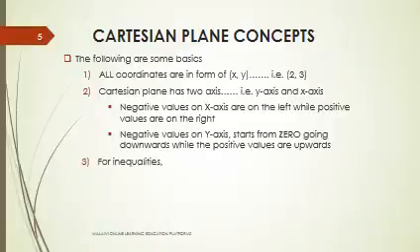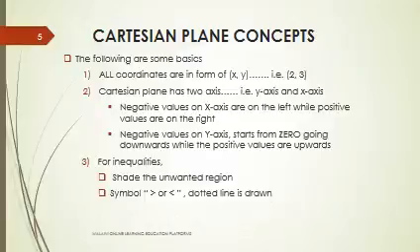And for inequalities on the Cartesian plane, you need to shade the unwanted region. So after being given the inequality or equation, make sure you shade the unwanted region. In terms of symbols, greater than or less than are represented by a dotted line. So on the Cartesian plane, when you want to represent less than or greater than, you use a dotted line.